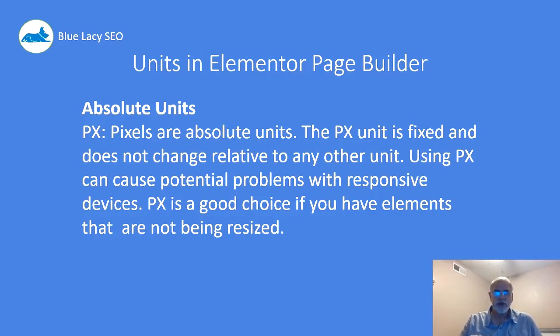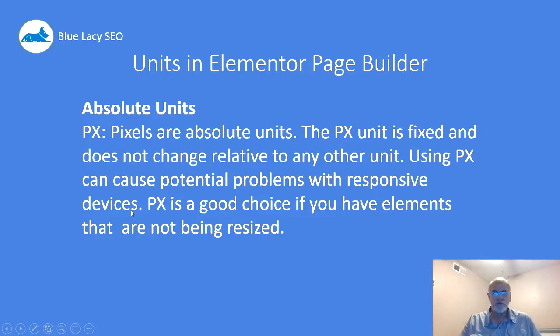Basically, you have two types of units. You have absolute units, which are the pixels, or PX. That's one selection you can make. Pixels are absolute units. The PX unit is fixed and does not change relative to any other unit. Using PX can cause potential problems with responsive devices, such as tablets and phones.